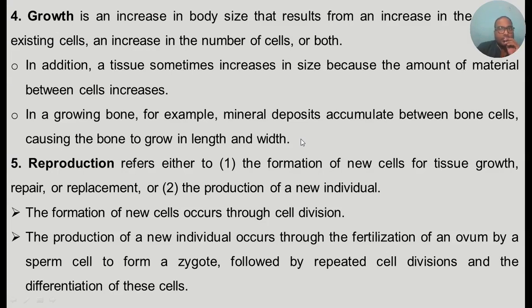So this is called growth of bone and overall growth of the body, growth of the organism. Growth is a characteristic feature of a living organism, not a non-living or dead organism.